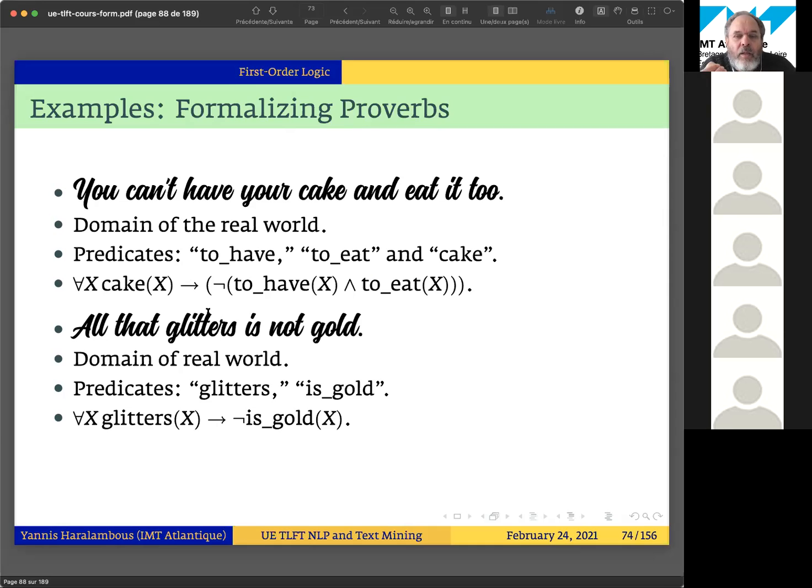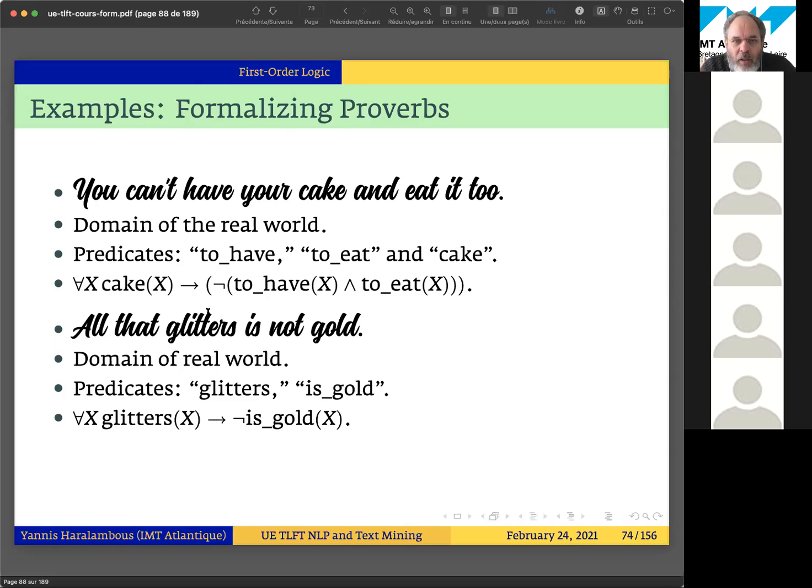Okay, so what we want to say with this sentence is that there are some things that glitter and they are not gold. We can even mean the majority of things that glitter are not gold. We can even say only gold glitters, which is not true either.